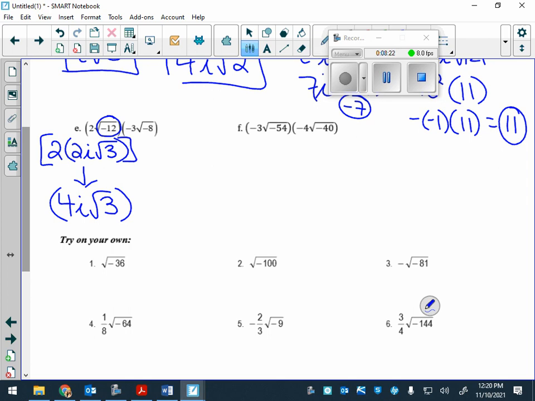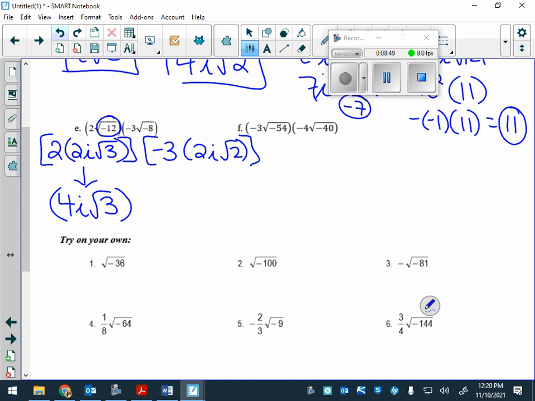Okay. How do I simplify negative 3 root negative 8? So I also have the negative 3. How do I simplify square root of negative 8? Laura? Good. Okay, so I'm just going to rewrite it. 2i root 2. Okay. All right.